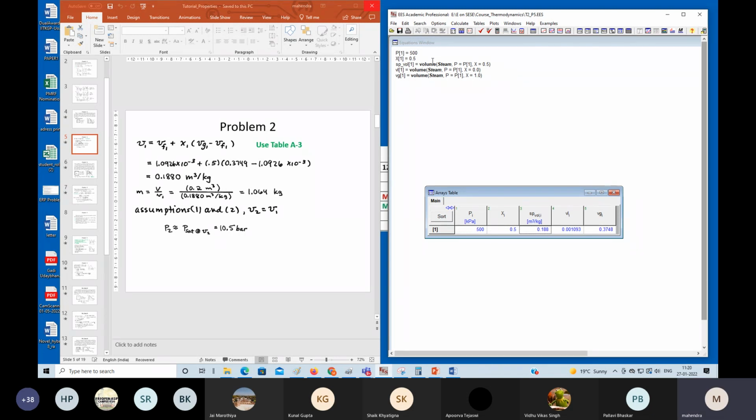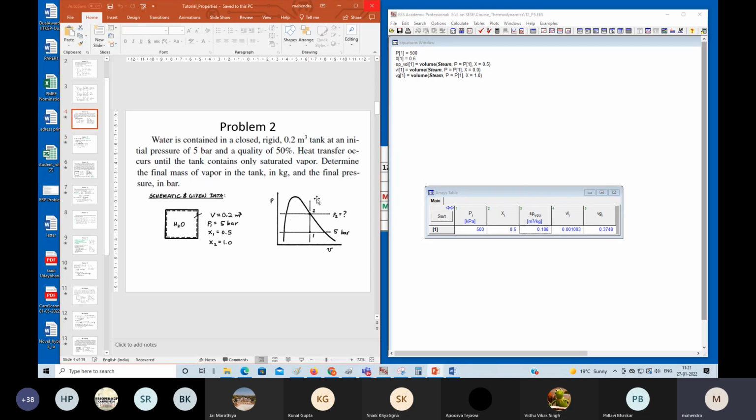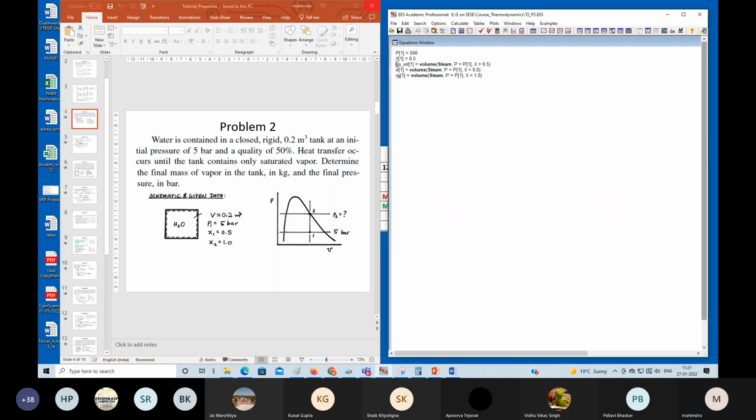So this is at that particular point. This is the saturated liquid. This is the saturated vapor. Now what are we assuming? Whatever the specific volume at 1 equal to specific volume at 2. Now we are assigning volume 1.